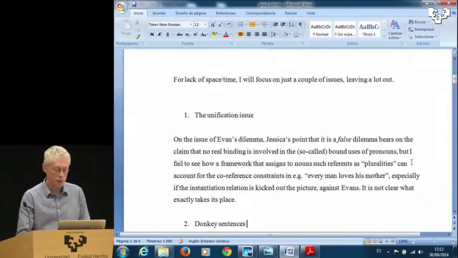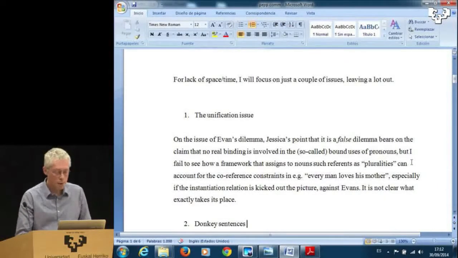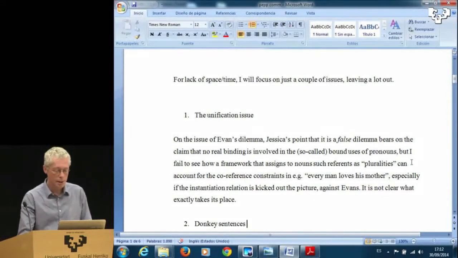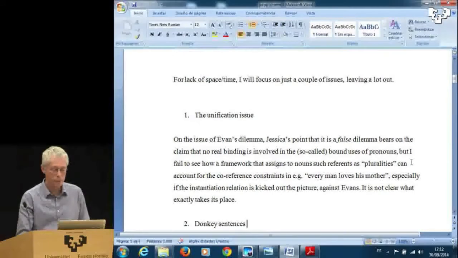One, the unification issue. On the issue of Evans's dilemma, Jessica's point is that it is a false dilemma, which bears on the claim that no real binding is involved in the so-called bound uses of pronouns.